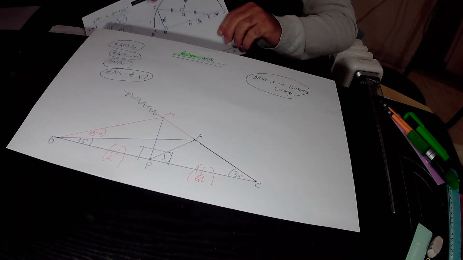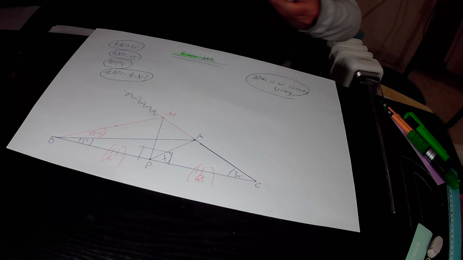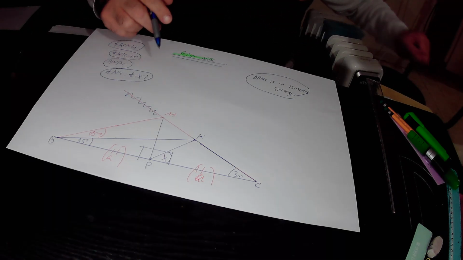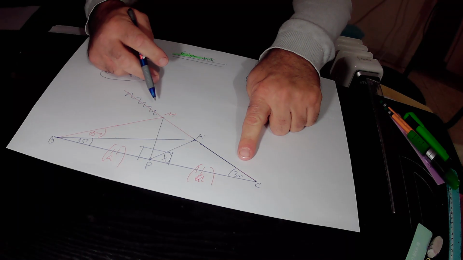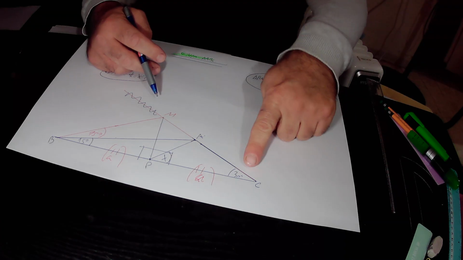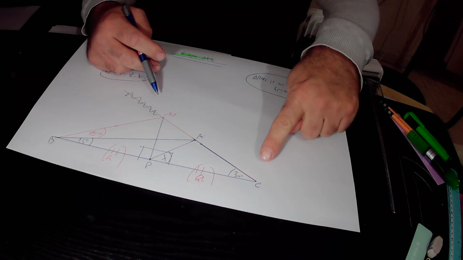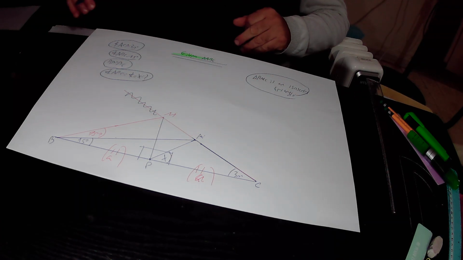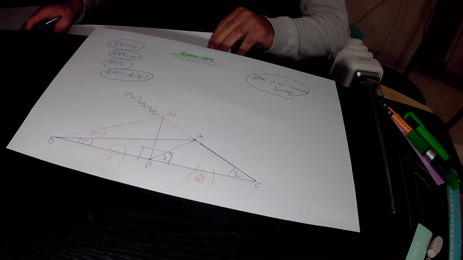The right triangle MPC: sine 30 degrees equals MP over MC. So write it down. The right triangle MPC.